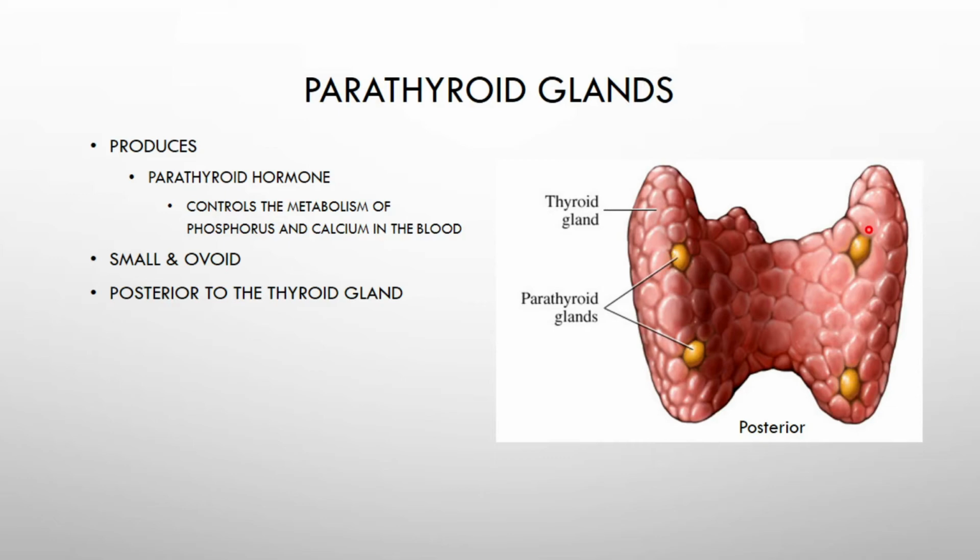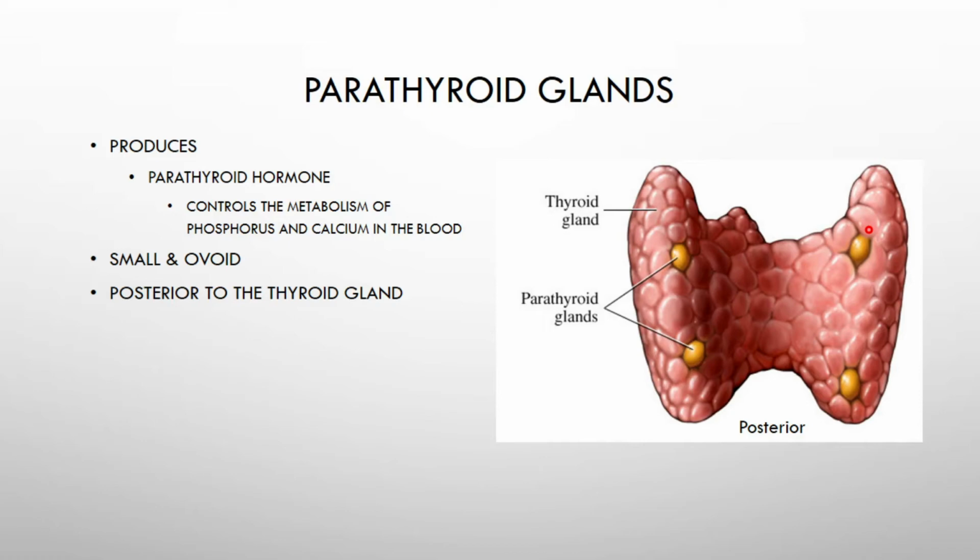This can vary, because obviously, as I said, you can get ectopic thyroid glands, and these actually develop from the thyroid gland and the parathyroid gland develop from 2 completely distinct regions.